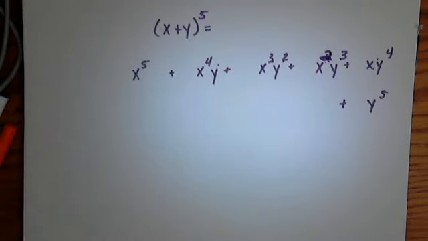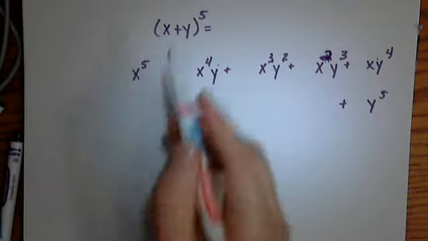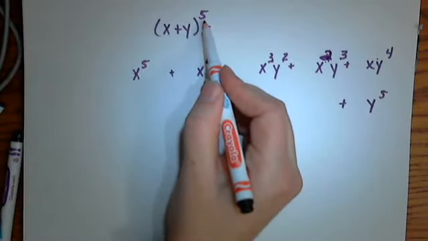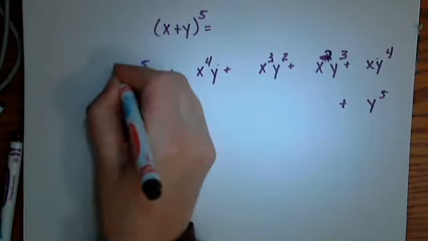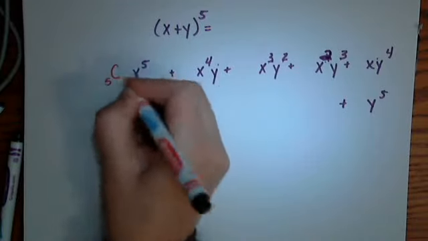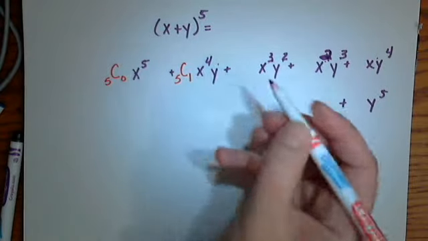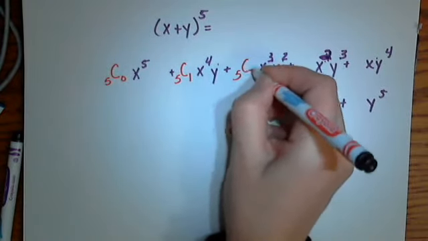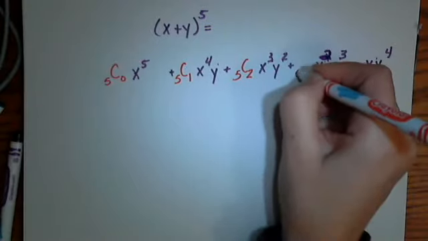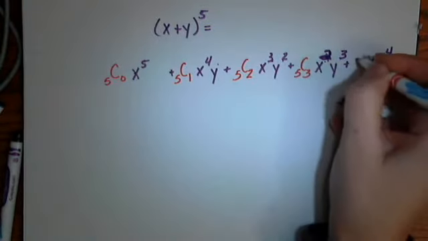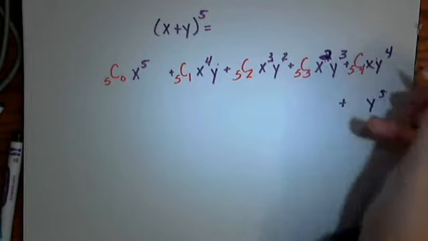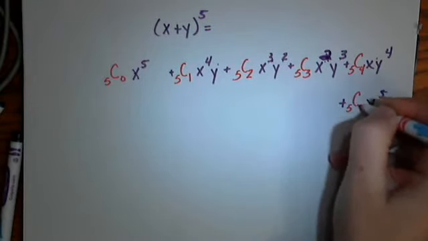But we still have to do the coefficients, the numbers in front. And this is where Pascal's triangle comes from. Since we have 5 terms here, we are going to do 5 choose 0, 5 choose 1, 5 choose 2, 5 choose 3, 5 choose 4, and 5 choose 5.